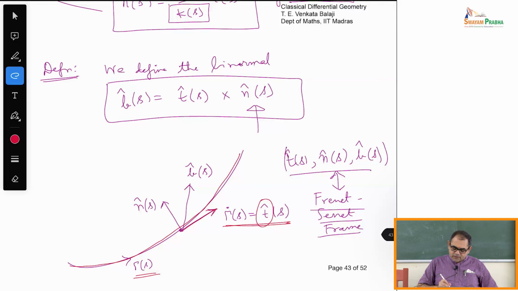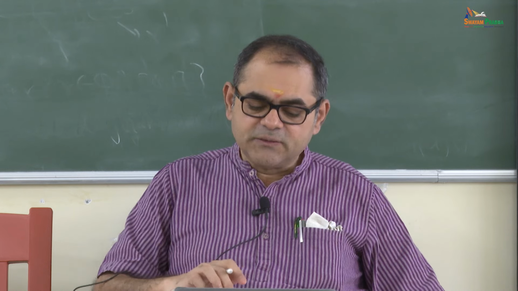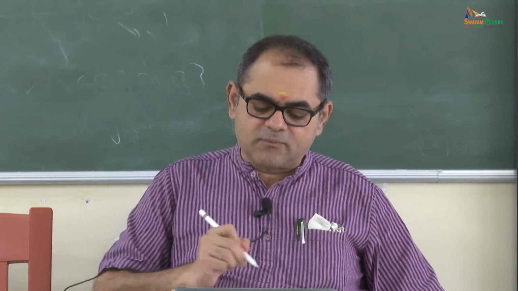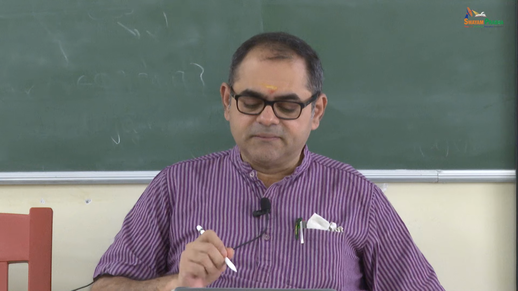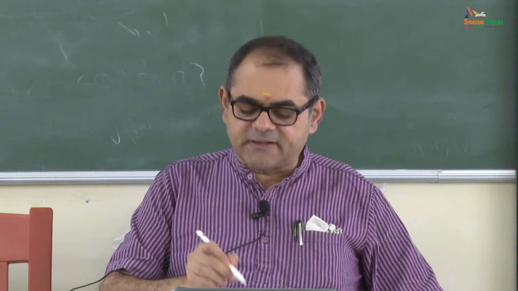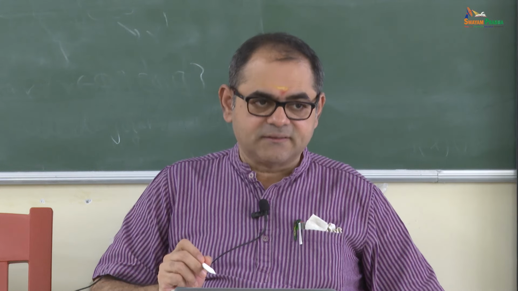Then you have what is called the principal normal. The way the principal normal is defined is exactly the way the normal is related to the tangent in the case of plane curves. In the case of plane curves, the signed normal is the derivative of the tangent vector, which is acceleration, divided by the sine curvature.